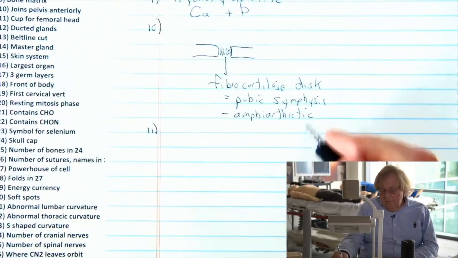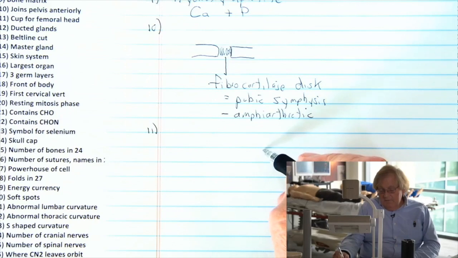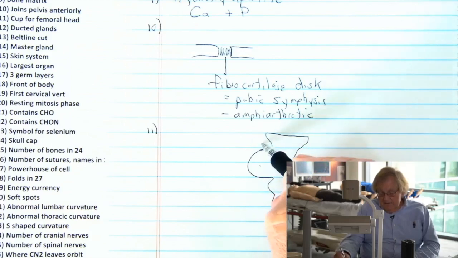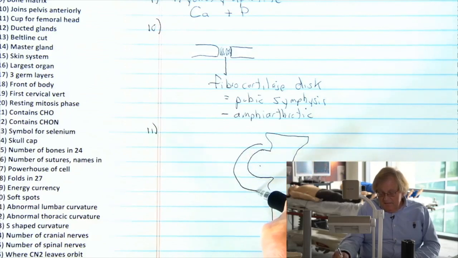Well, the femoral head, if you kind of think of the femur, is a little bit like this, and it comes up, and then you've got your trochanters, and this head of the femur has got to sit inside of this cup.